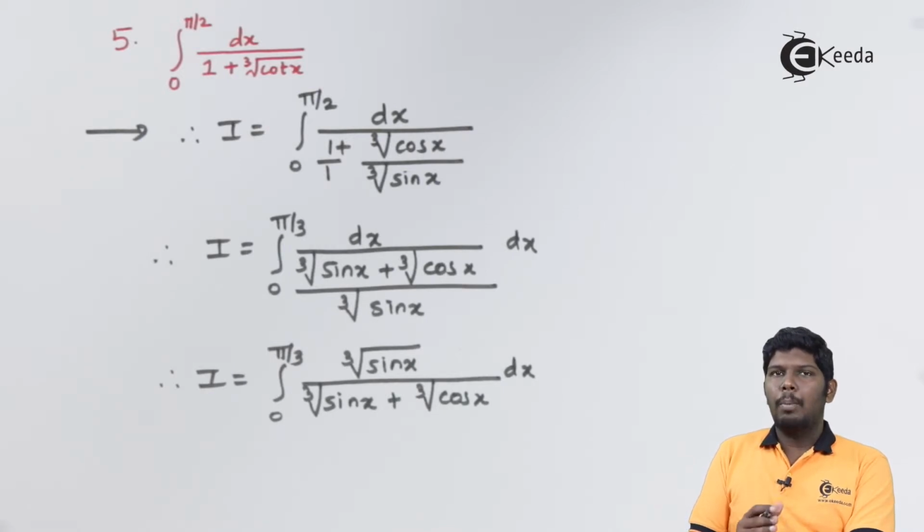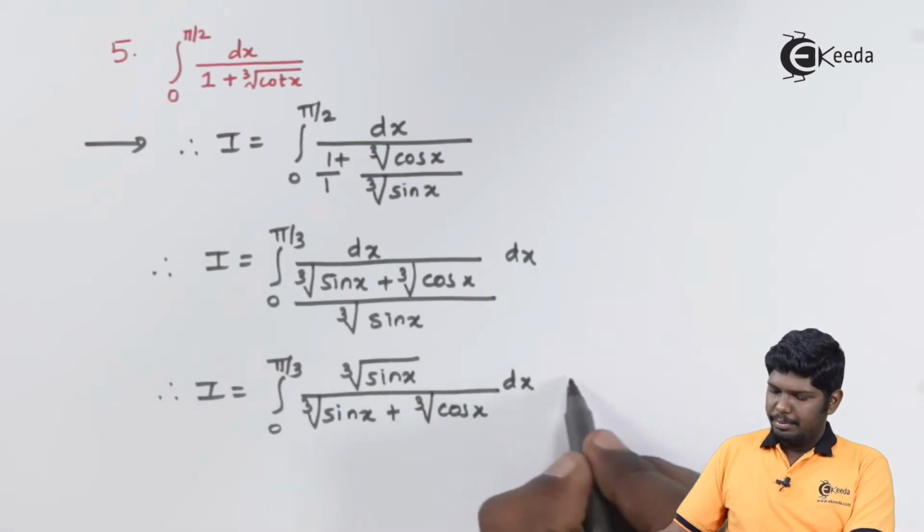and then go for the property number 2, where we are going to replace x as upper limit minus x. Here we have upper limit as pi by 2. So let us write x as pi by 2 minus x.